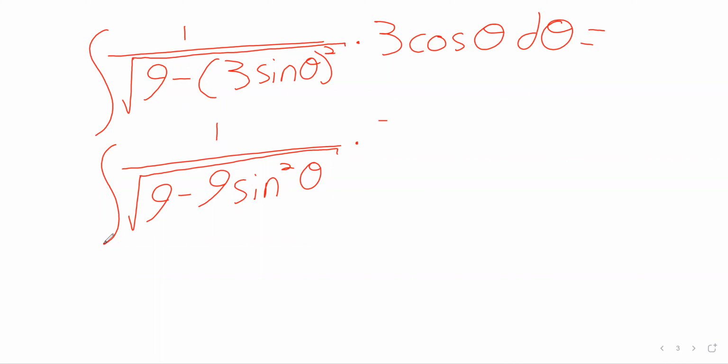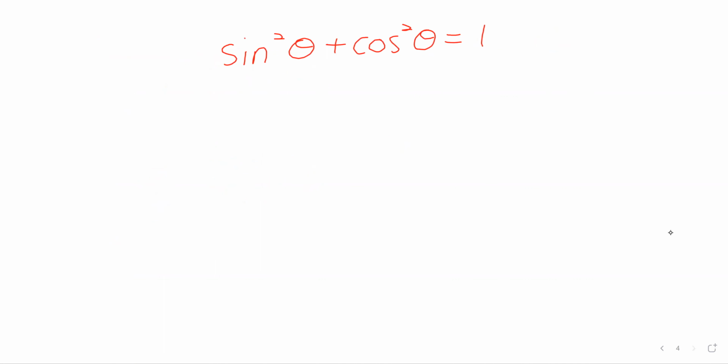And then outside of the square root, we've got this cosine still hanging around. And what we're going to do inside the square root, again, we're interested in using the Pythagorean identity here.